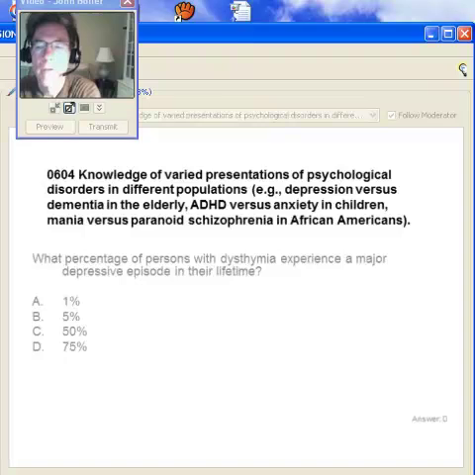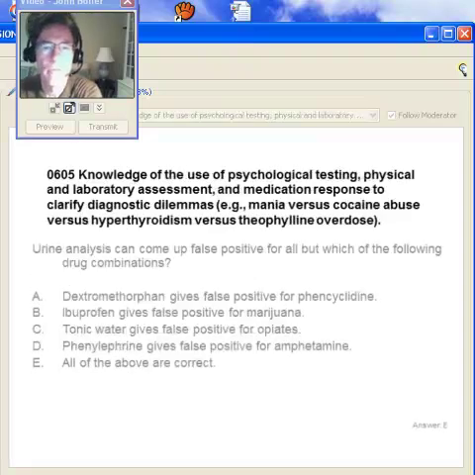This is a varied presentation of psychological disorders of different populations. Here we're looking at depression versus dementia in elderly, ADHD versus anxiety, mania versus paranoid schizophrenia in African Americans, and so then there's questions along those lines. And then we get into 6, the 5th area. This is psychological testing, physical and laboratory assessment, and medication response to clarify diagnostic dilemmas.